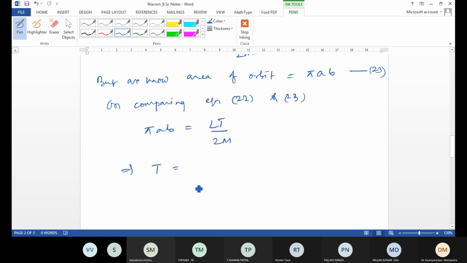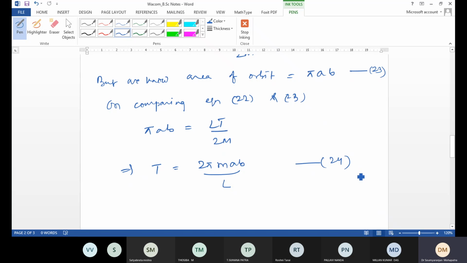So find out: T equals 2 pi m a b by L. See, so the time period is depending on the angular momentum, because all other terms are constant, isn't it? 2 pi is constant, m is constant, a, b, that is also constant for a particular planet revolving around the sun. Okay, so T is inversely dependent on angular momentum. So give this equation 24.